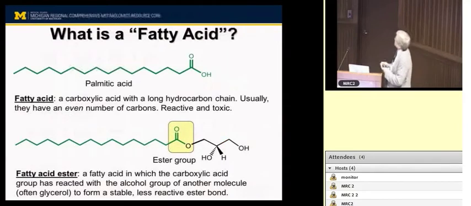All right, a fatty acid. This is a no-brainer. If anybody's taking biochemistry, palmitic acid is one of the main fatty acids in plasma, and it has 16 carbons, and the carboxylic acid group on the end, right?